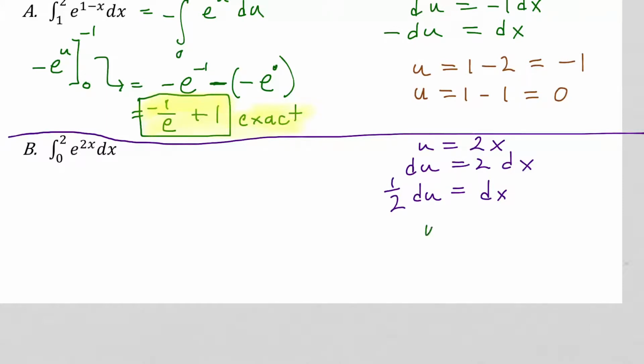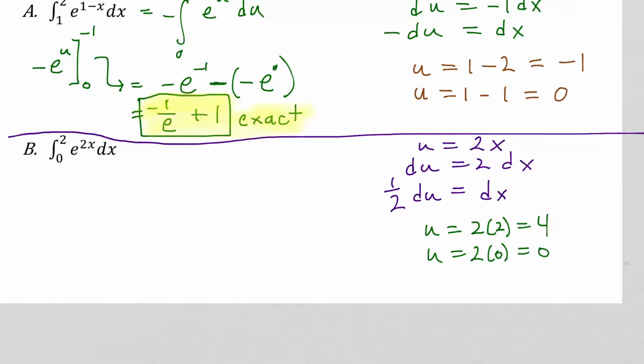So the upper limit of integration now is a 2 in terms of x, so it would be 2 times 2 in terms of u. That would be 4. The lower limit of integration in terms of x is 0, so it would be 2 times 0, which is 0 in terms of u.